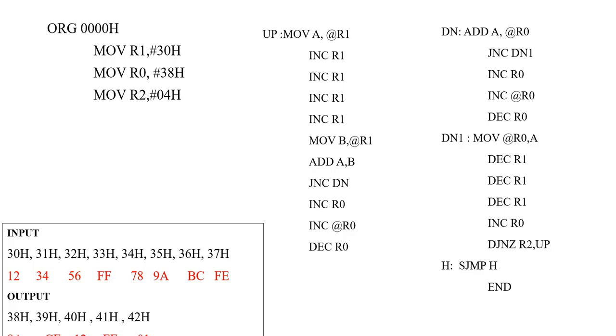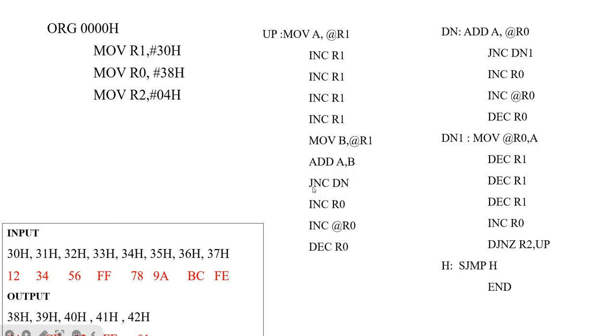Now you have to load the corresponding byte of the second number into register B. After that you add A and B, and the result is stored in the accumulator A. Here A holds the byte of the first 32-bit number, and B holds the byte of the second 32-bit number.